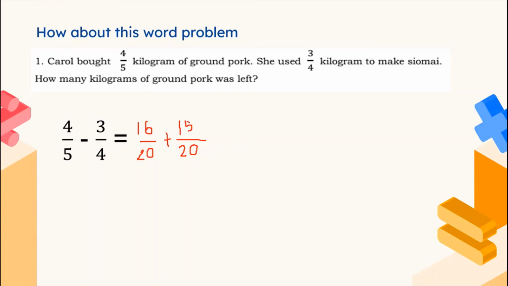Since they are now similar fractions, we can now subtract them. Just copy the denominator 20 and subtract 16 minus 15.